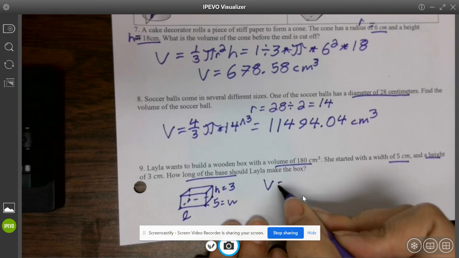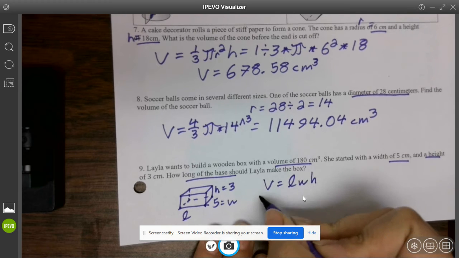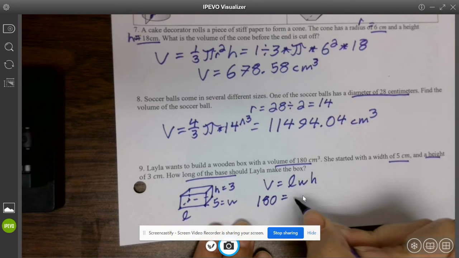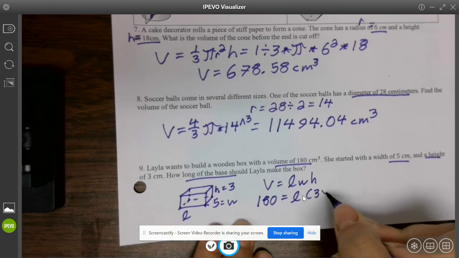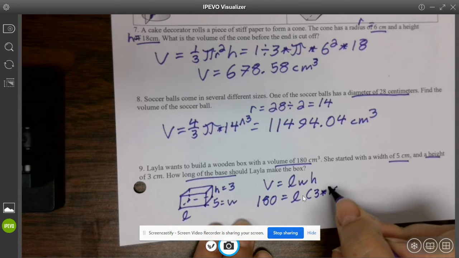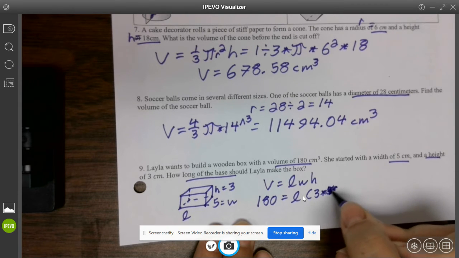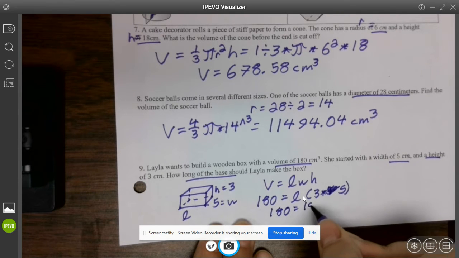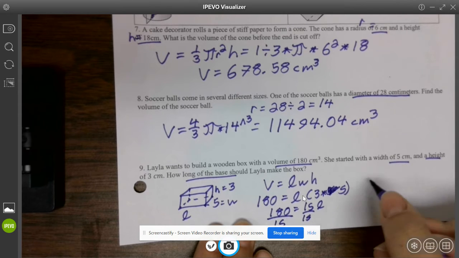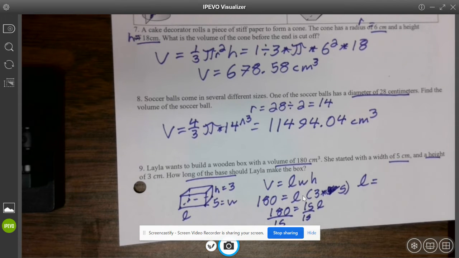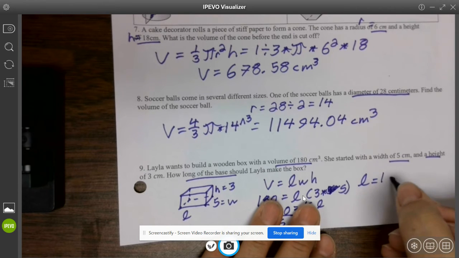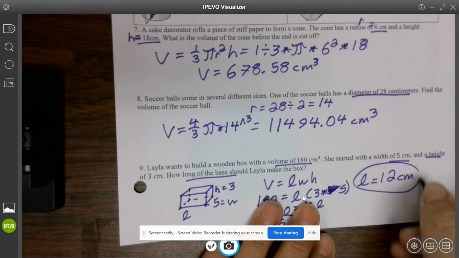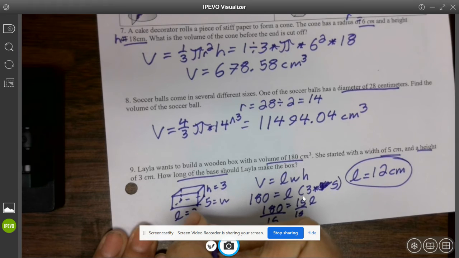Volume is length times width times height. So 180, length, 3 times 5. So I'm writing the answer, everybody. 3 times 5 is 15. Divide each side by 15, so we can get the length by itself. And the length would be 12 centimeters, because this is what we're solving for.